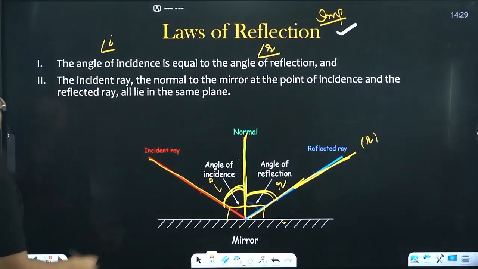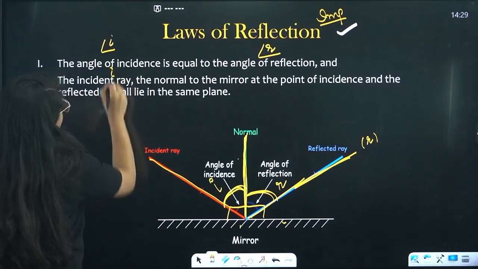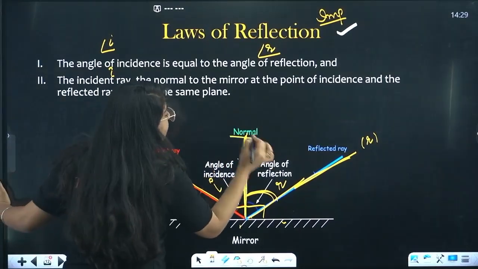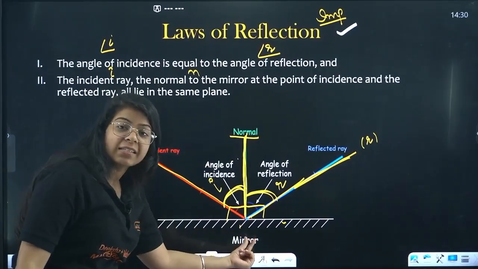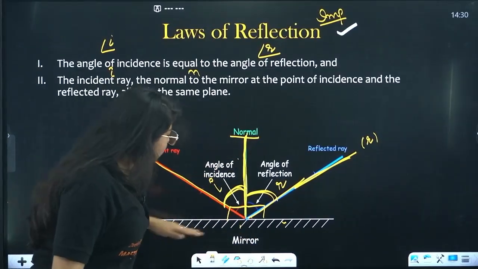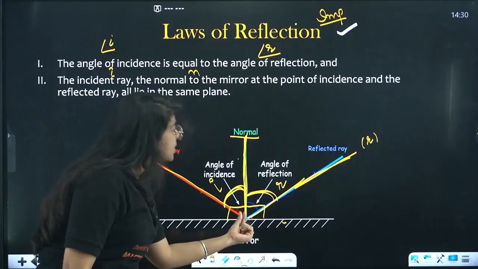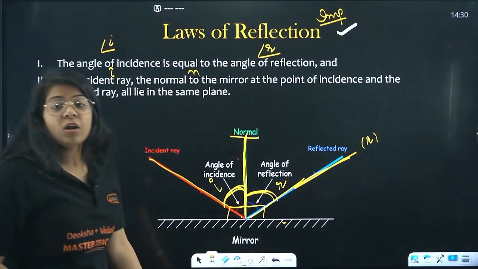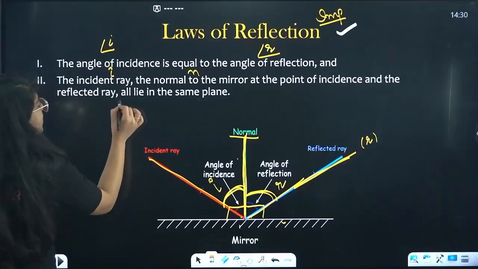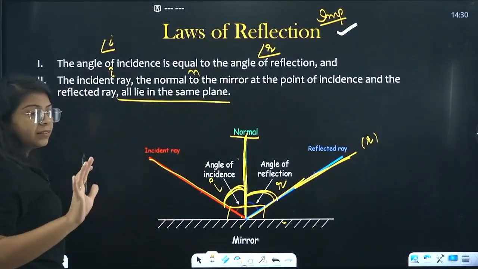Then beta, the incident ray, the normal to the mirror at the point of incidence and the reflected ray, all of these will lie in the same plane. Done? Easy?